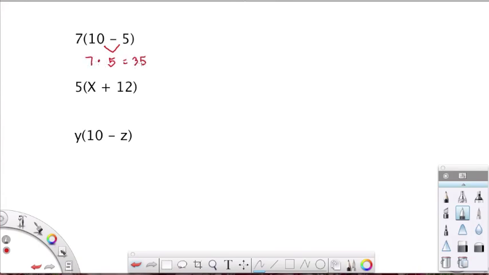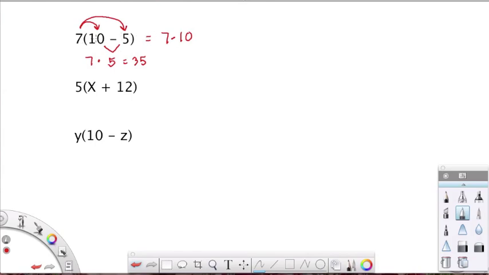Okay, when we have all numeric values in our expression, we have all constants, that is not a problem. But what we're going to practice here, because algebraically we can't always do that because we have variables, is we're taking this term out here, and we are distributing it to each of the terms inside of the parentheses. For example, 7 times 10, so the first thing we're going to do is multiply 7 times 10.